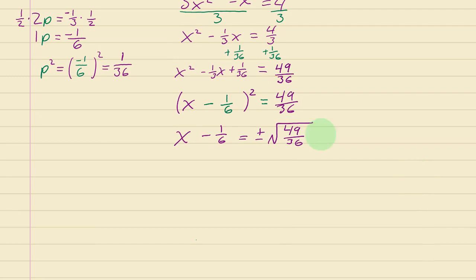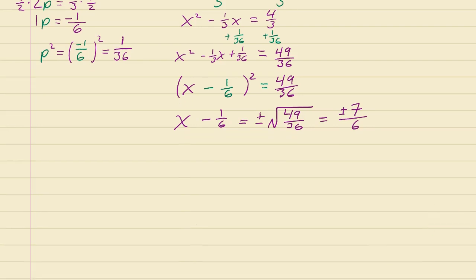For that, you can take the square root of the top and bottom separately. The square root of 49 is 7, and the square root of 36 is 6. So you can write this as plus or minus 7 over 6.